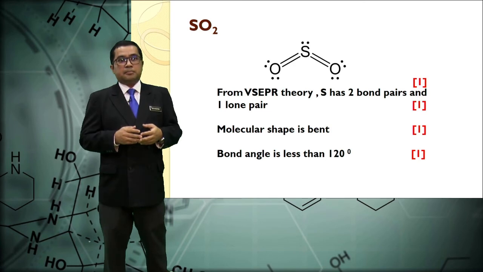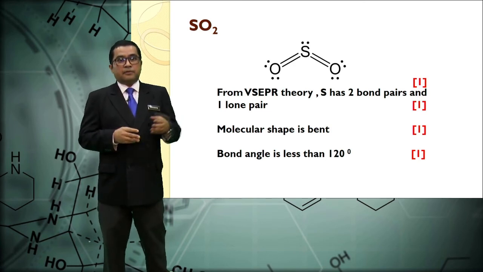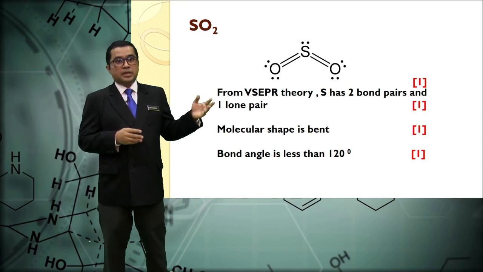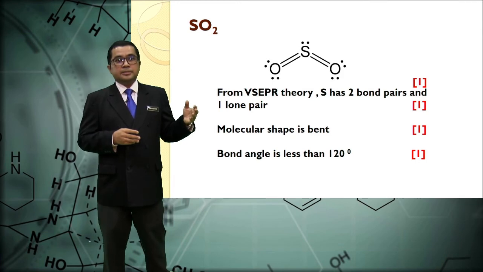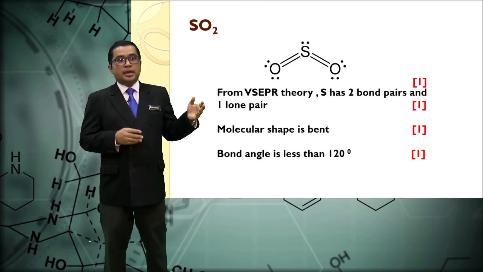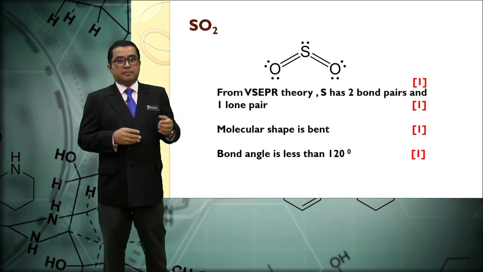So you will get the first mark for the structure. From your structure, you have to look at the VSEPR theory. The S atom, or the central atom, has 2 bond pairs and 1 lone pair. So that will be the second mark.